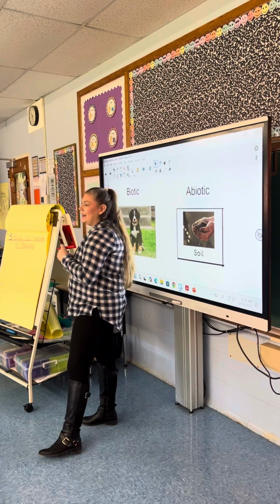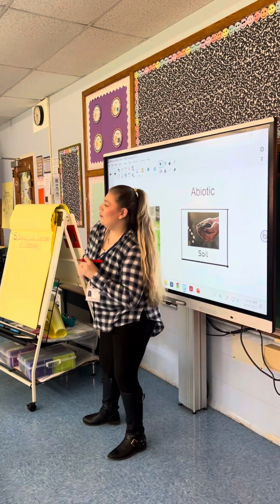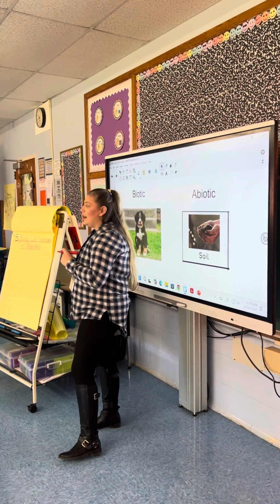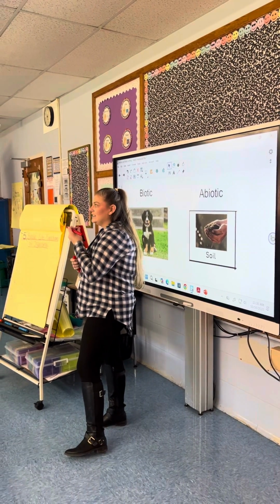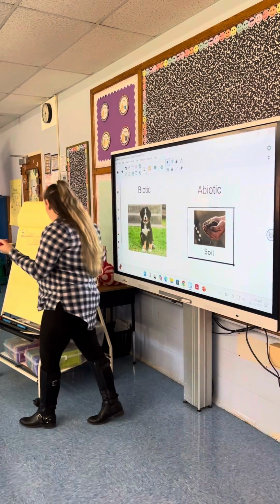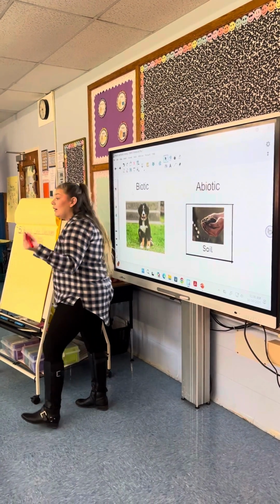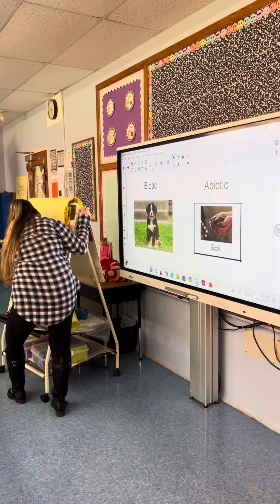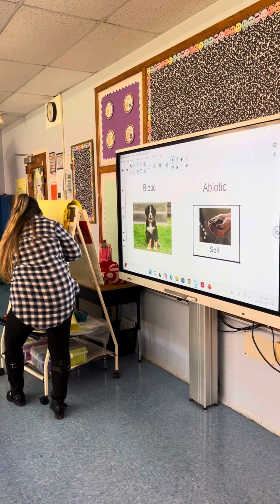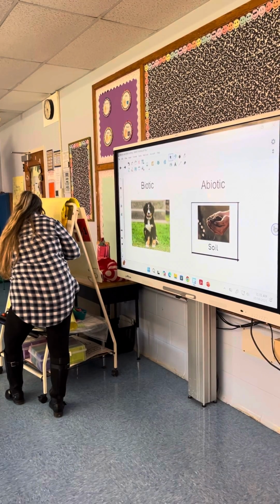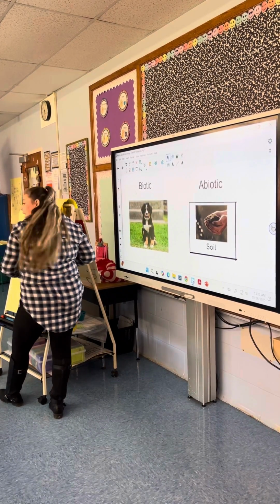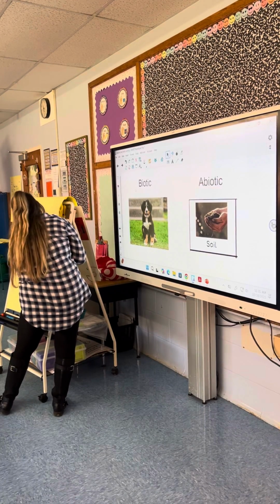When you feel weak, tired, what usually do you need to do? Stretch. Maybe stretch. What about eat? Good. So we get our energy from food. All organisms need energy to survive, and they do that from food.